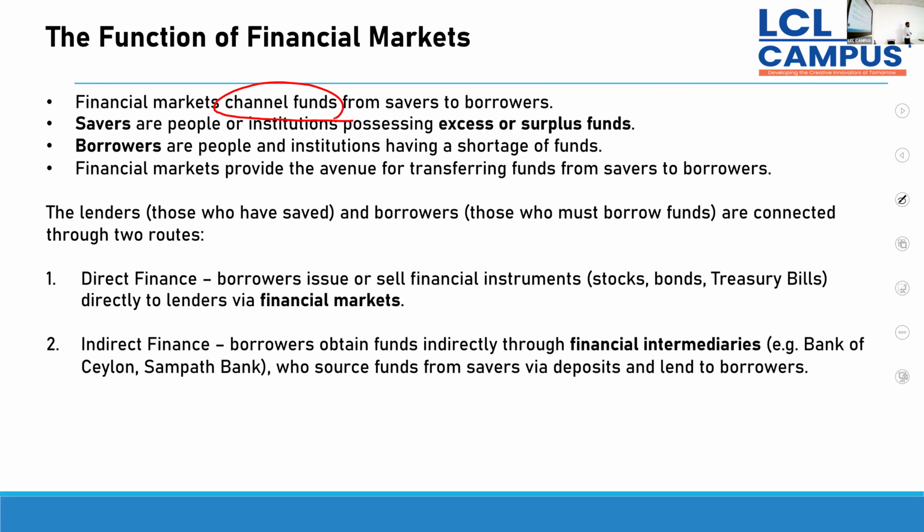Indirect finance: borrowing funds through financial intermediaries. There are some registered financial intermediaries, such as Bank of Ceylon and Sampath Bank. Those are kind of brokers. Is that clear? Do you have any doubts?